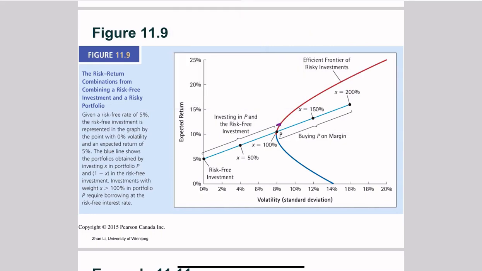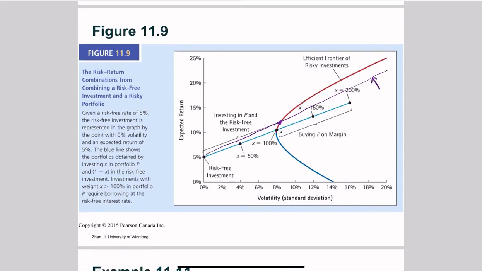Now let's look at this portfolio. If you connect the risk-free investment and this different portfolio, you can see that this curve is a better curve compared with this blue curve, because every portfolio on this new curve has a larger return while keeping the volatility the same.